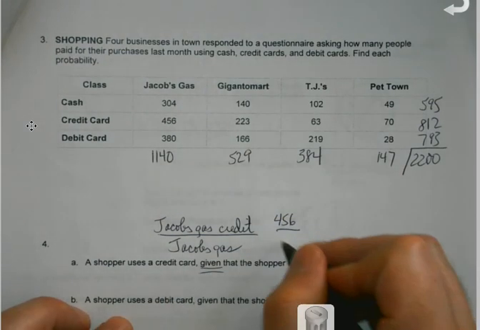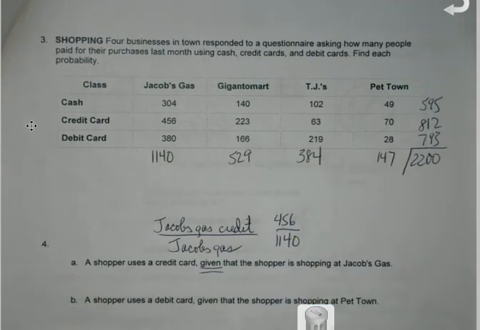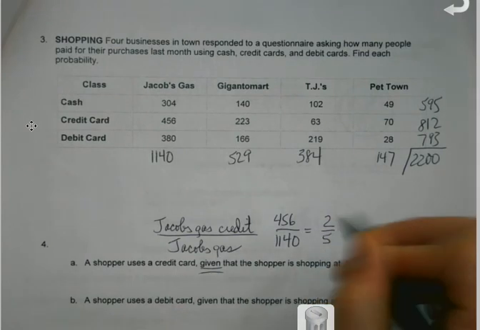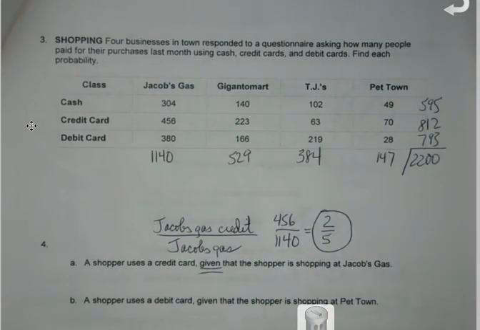Jacob's Gasoline total customers, 1140. Reduce that sucker down. That came out nice. That's how these all work. Keep it simple in pieces. No biggie.